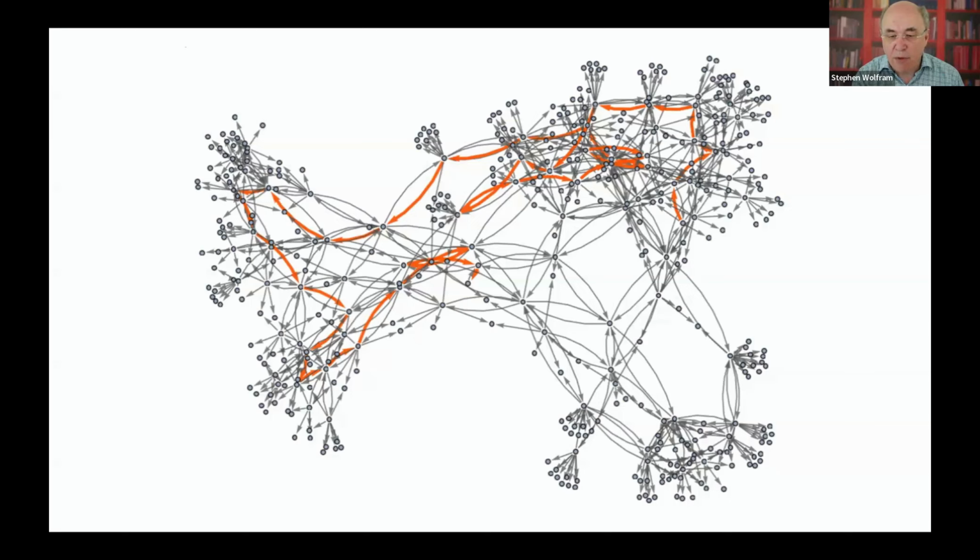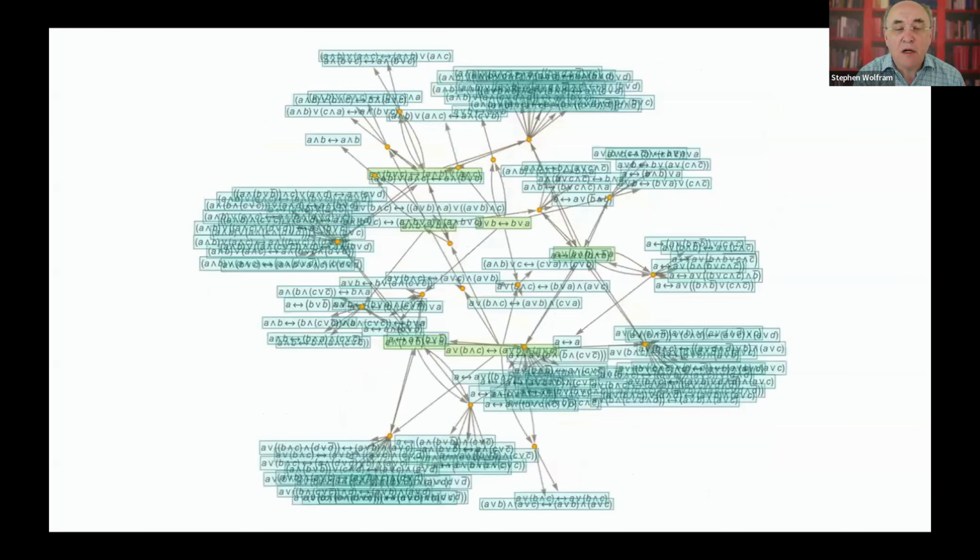So for example, those are using the standard axioms for Boolean algebra with and, or, and not, and this is basically building up the complete entailment cone, one can call it. In physics, it will be a light cone starting from some event. What are the consequences of that event? In metamathematical space, that's an entailment cone of what theorems are entailed by assuming these axioms.